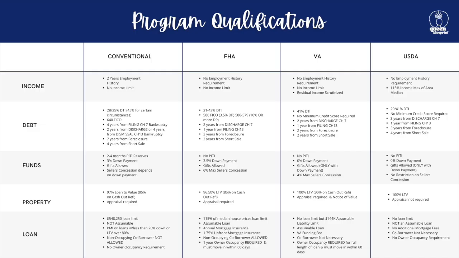So you're going to want to do this in the beginning of the year, in the middle of the year, but don't wait until the end of the year. That's the difference from going after any of the other loans, because with a conventional, FHA and VA loan, all of these types of properties that qualify for those loans would be on sale at the end of the year, because most people don't want to move during the cold season.